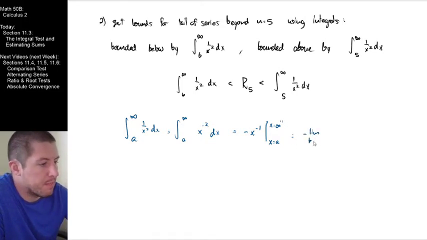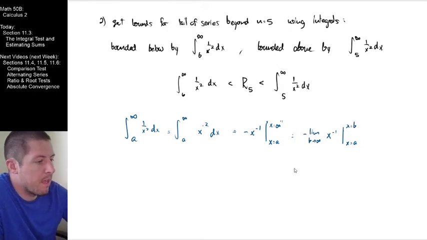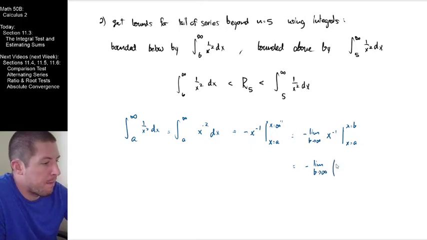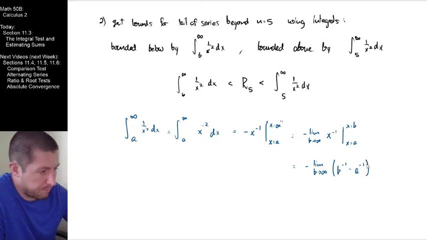Negative limit as b goes to infinity of x to the negative 1, evaluated from x equals a to x equals b. And this should be giving us negative limit as b goes to infinity of b to the negative 1 minus a to the negative 1.